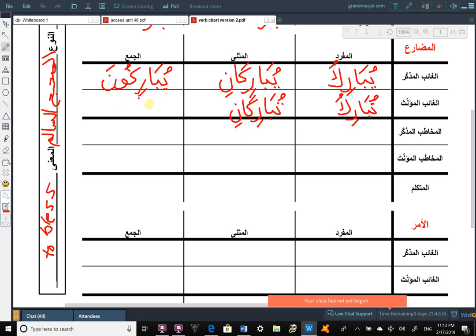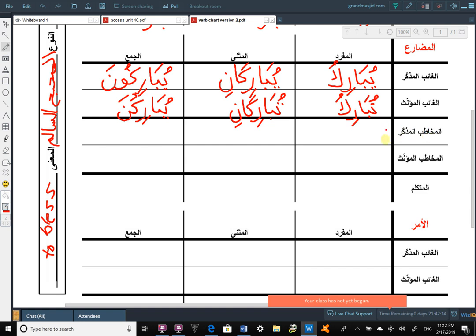And then we're going to add the noon and niswa here. Yubarikna. This noon is not the noon of marfu, it's the noon and niswa, and it will not change when it becomes mansub or majzoom.